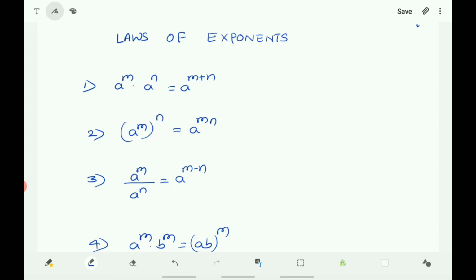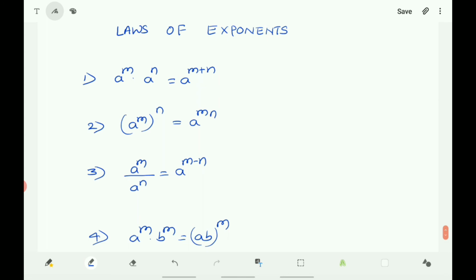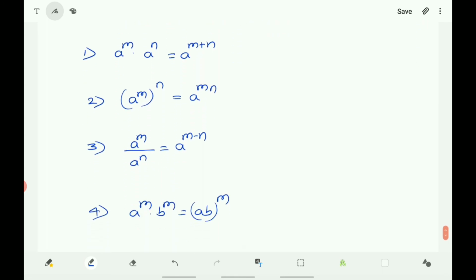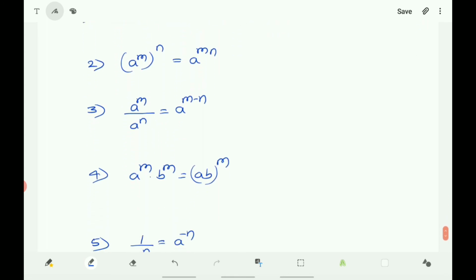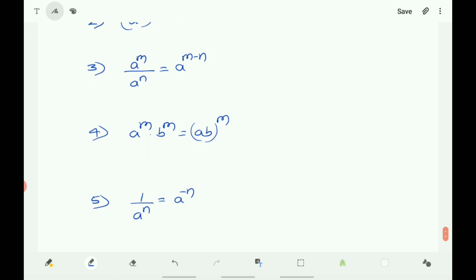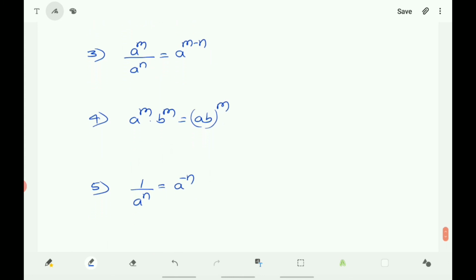A to the power of m whole to the power of n is equal to a to the power of mn. A to the power of m by a to the power of n is equal to a to the power of m minus n. A to the power of m into b to the power of m is equal to ab whole to the power of m, and also 1 by a to the power of n is equal to a to the power of minus n.